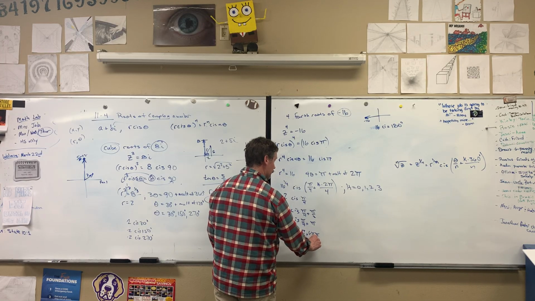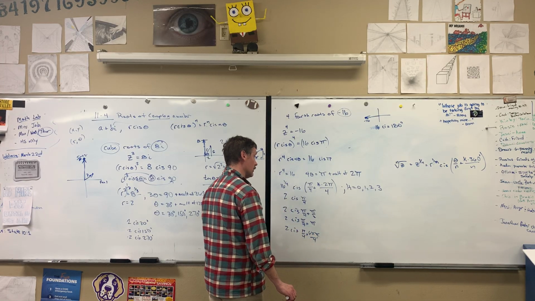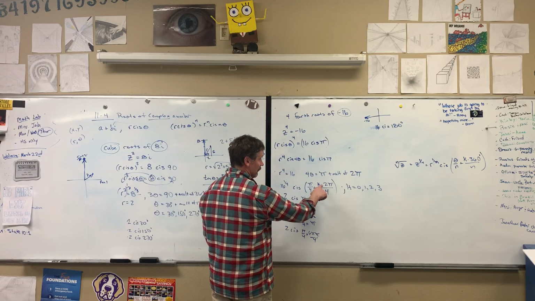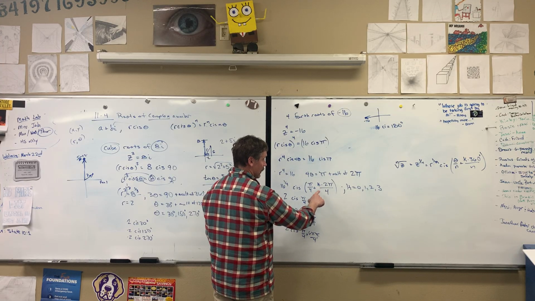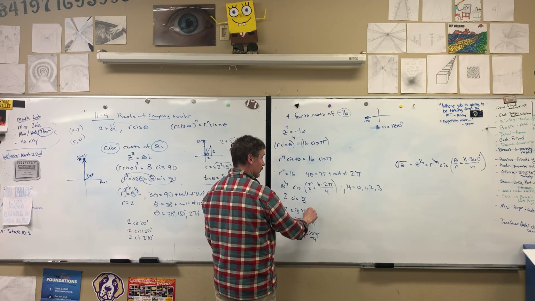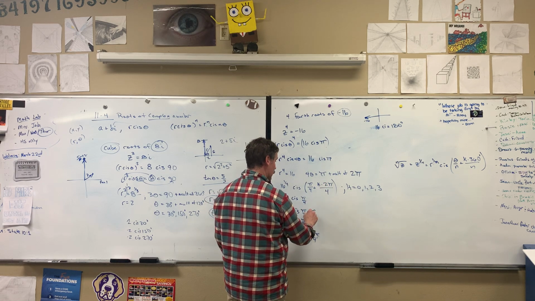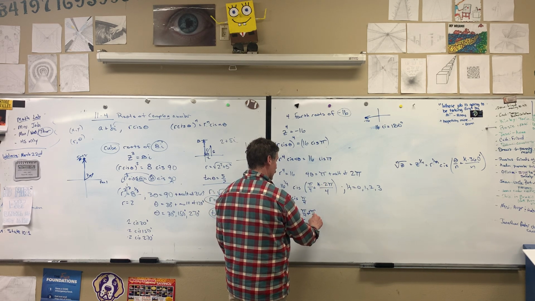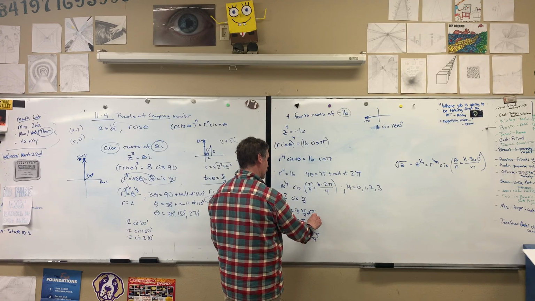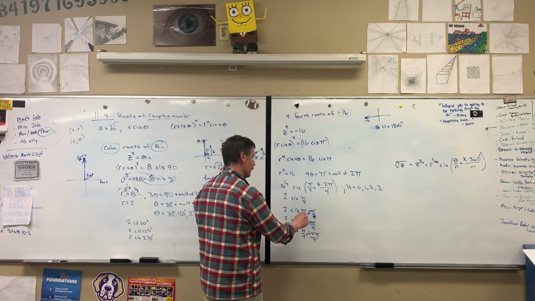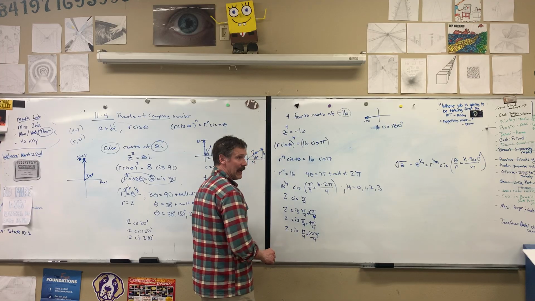Or maybe it would have been better to say 2 pi over 4, so that we see, and then 4 pi over 4, and then 6 pi over 4. Maybe that would have been easier.